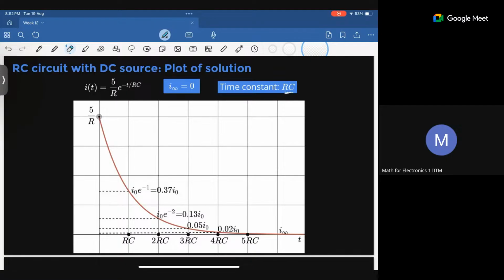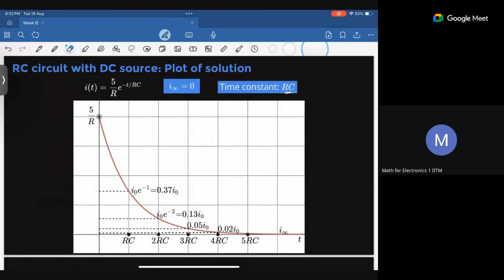Also, in the first time constant, all you have to do is substitute t equals RC, and you'll have 5 by R into e power minus 1. 5 by R is I of 0, so this will be I of 0 into e power minus 1, which will be 37%.